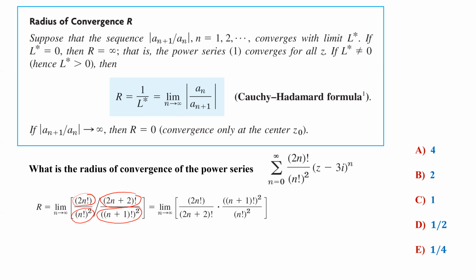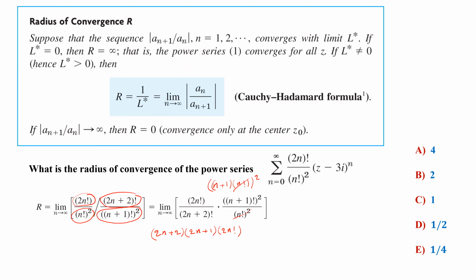All right, so you can separate them like that, and then this (2n+2)! becomes (2n+2) times (2n+1) times (2n)!. So (2n)! cancels here. And then ((n+1)!) squared becomes ((n+1) times n!) squared. And then n! cancels in here.